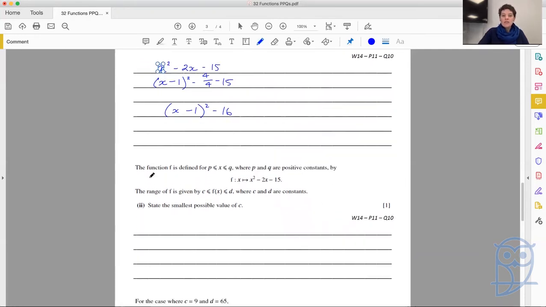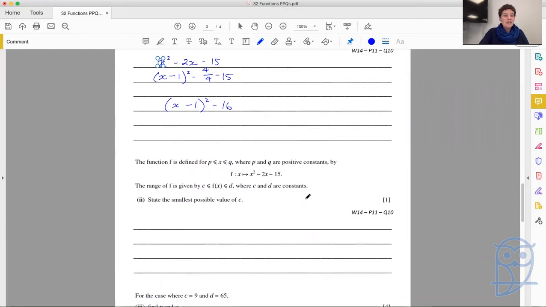The function f is defined for p less than x less than q, where p and q are positive constants, by this very familiar quadratic. The range of f is given by c less than f(x) less than or equal to d, where c and d are constants. So in this case, we don't know the domain or the range.